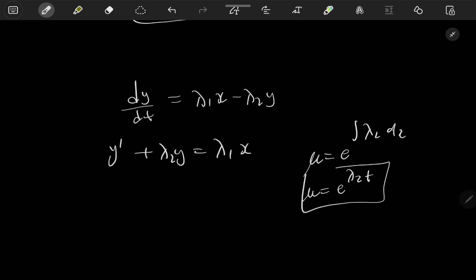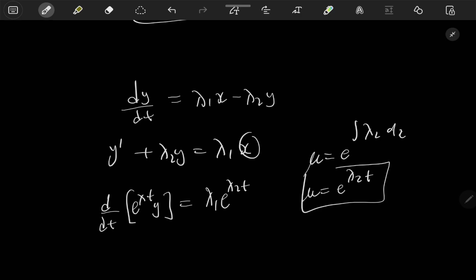Then I notice the product rule, so I'll end up having d dt of mu y. I'm skipping some steps to make the video quite short. Then this side, I multiplied by whatever this is, and I'll end up having mu times lambda 1 x.